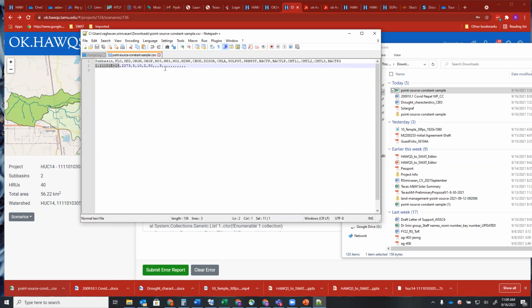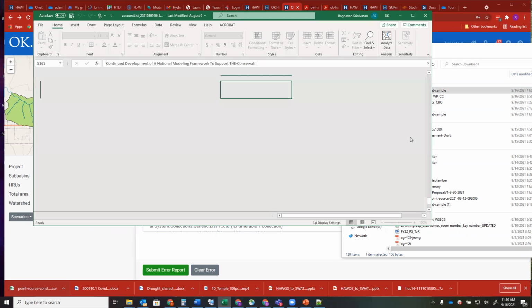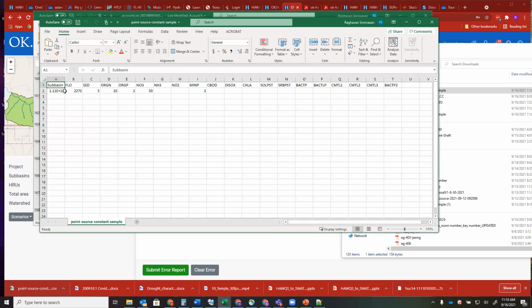And I need to put zeros probably on the rest of them. So let me open this file in Excel again. Yeah, see, it's rounded off to 0 instead of the actual number. So I want to go and put that back again.